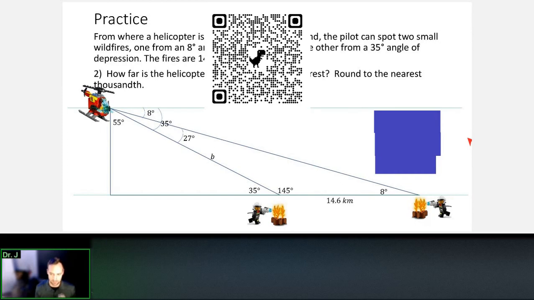Okay, and then on the right side, what did you use? B over sine 55. Okay, all right, so why did you use sine of 55?